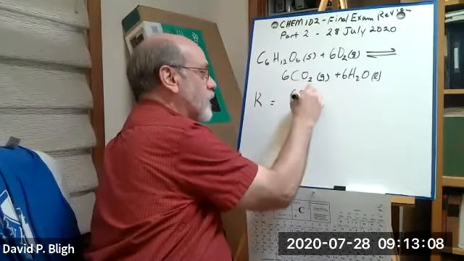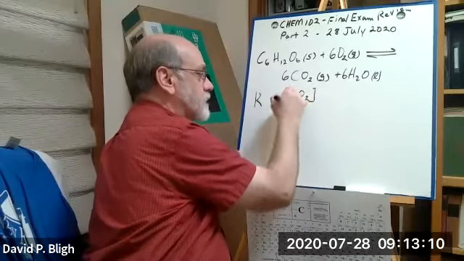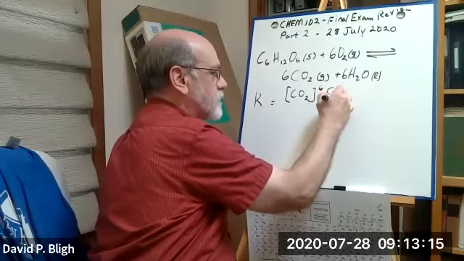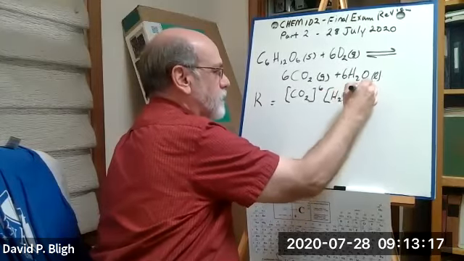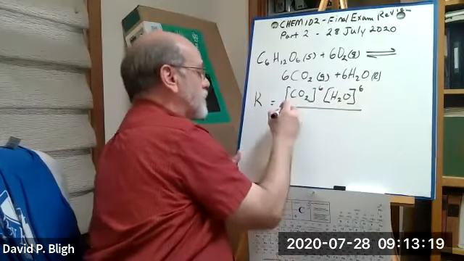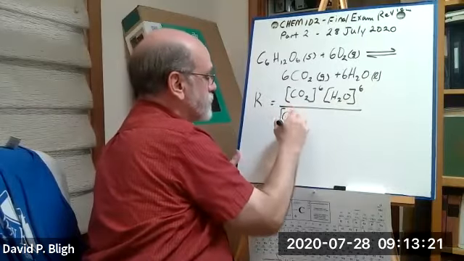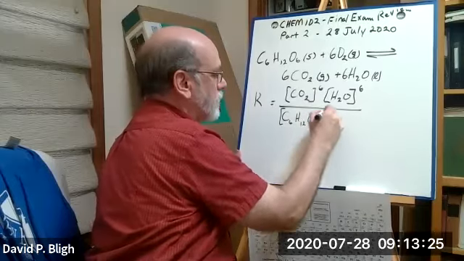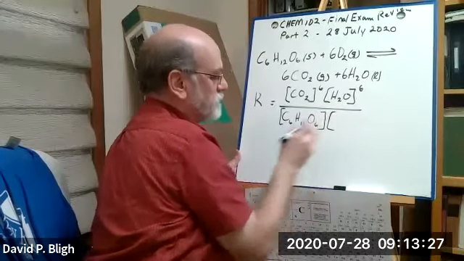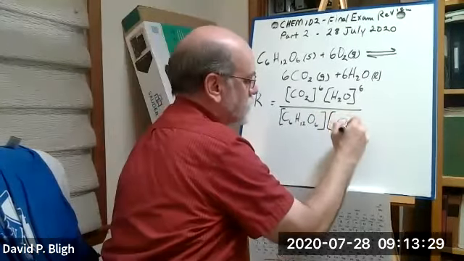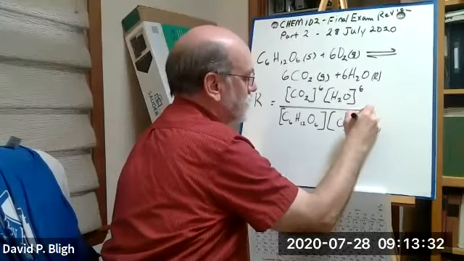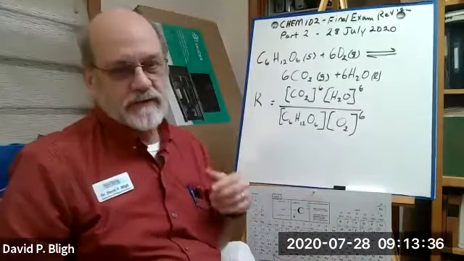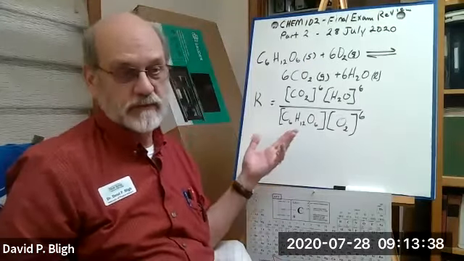So we would normally write it like this, with that power, and this with that power, and this with a single power, and oxygen with that power. But then you ask yourself, does that obey the rules? And the answer is no.